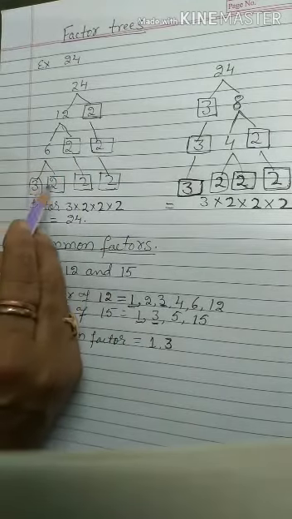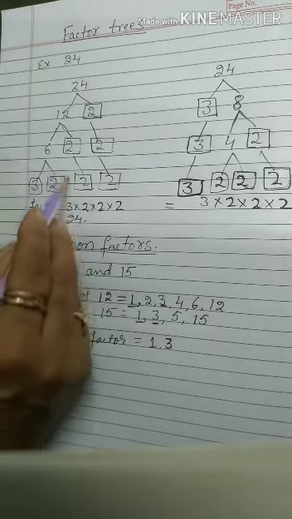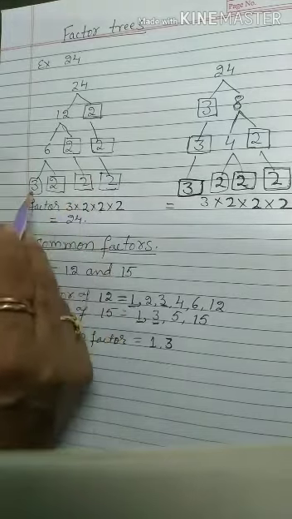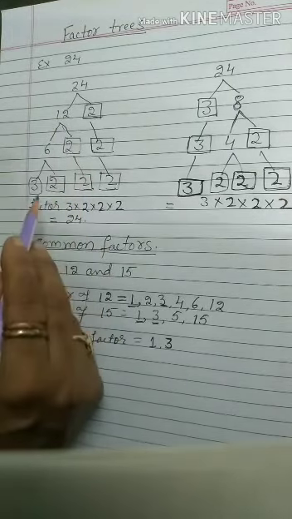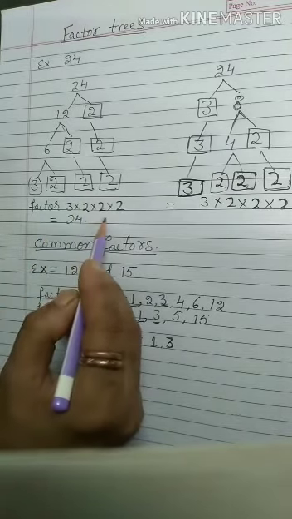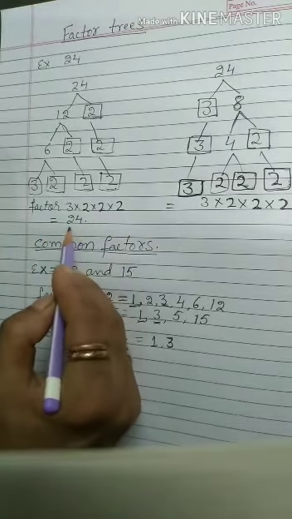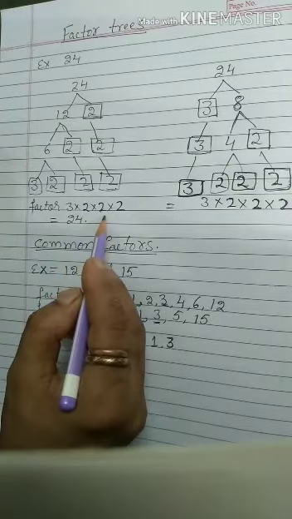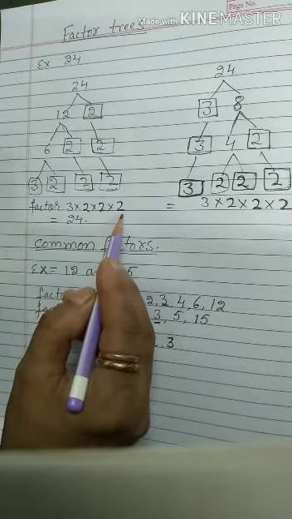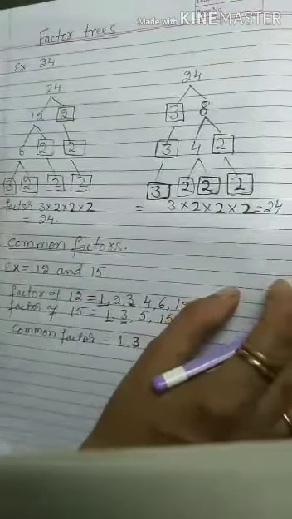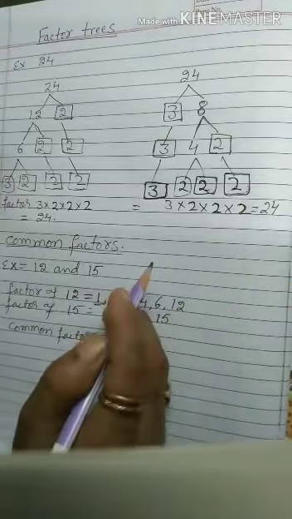Then 3 twos are 6. This 2 is also carried down. This 2 also. Here the factors of 24 are 3, 2, 2, 2. If we multiply these numbers, we get 24: 3 times 2 is 6, 6 times 2 is 12, 12 times 2 is 24. If you want another way, you will get the same answer.